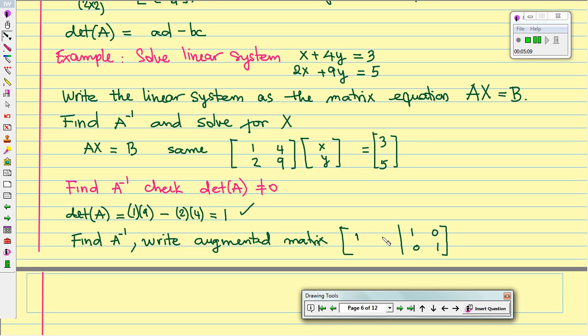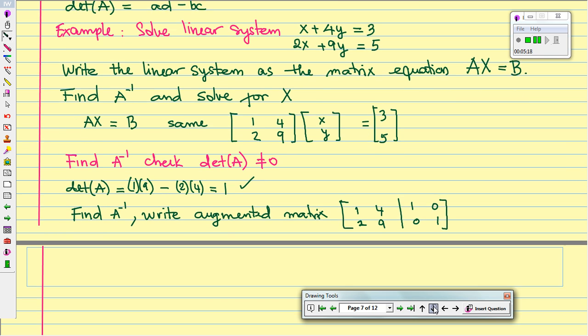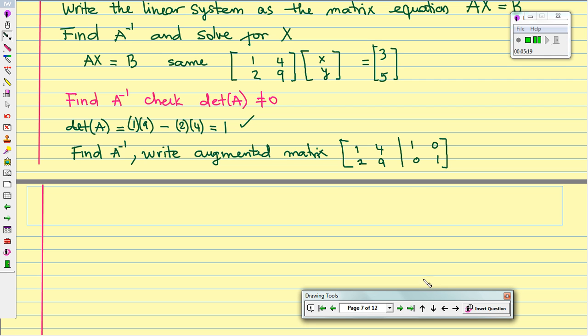We have 1, 4, 2, 9. The goal is to move the identity matrix to the left hand side of the line, and then on the right hand side, what is left over will be our inverse. So we do have a 1, which is good. Now we want to get a 0 in row 2, column 1.